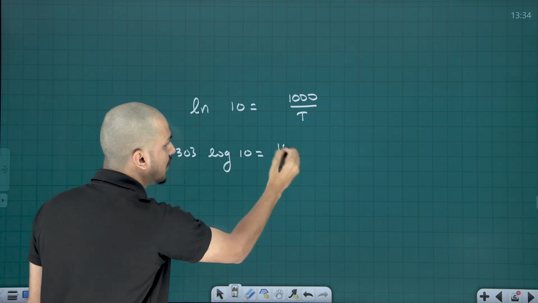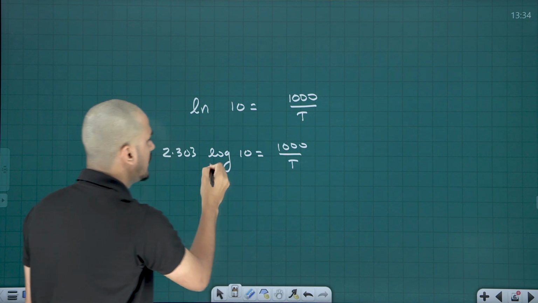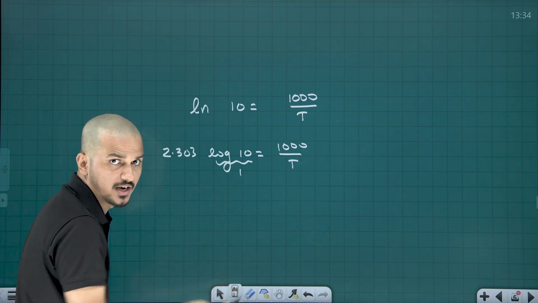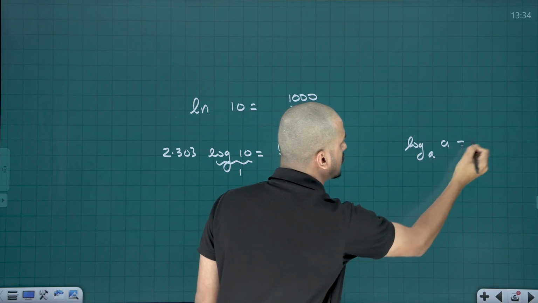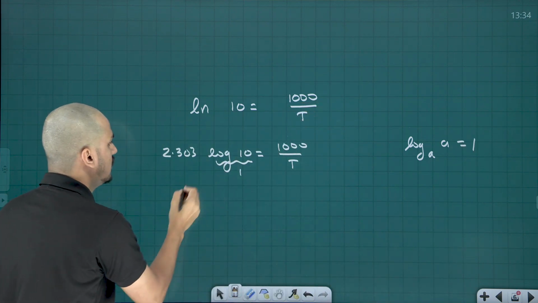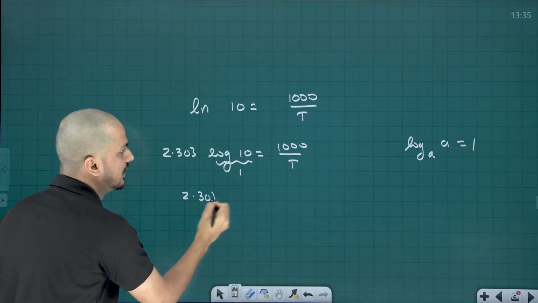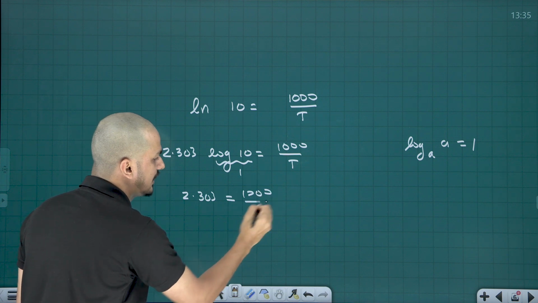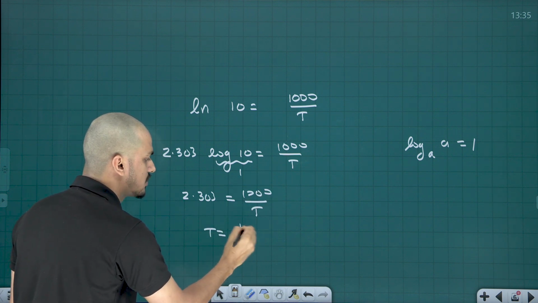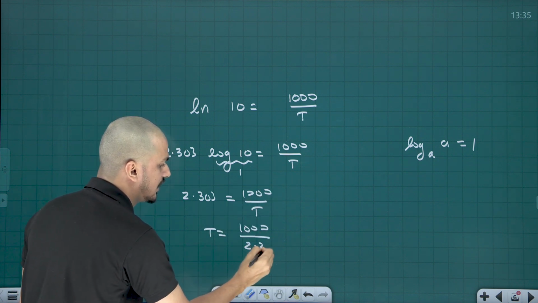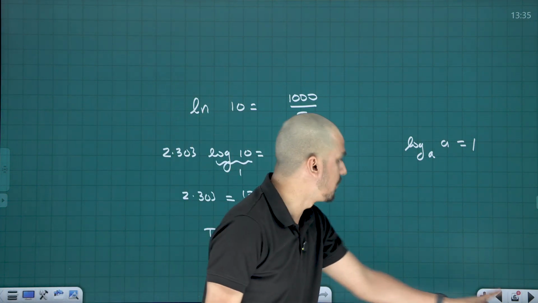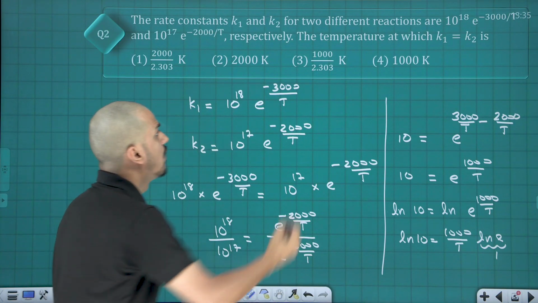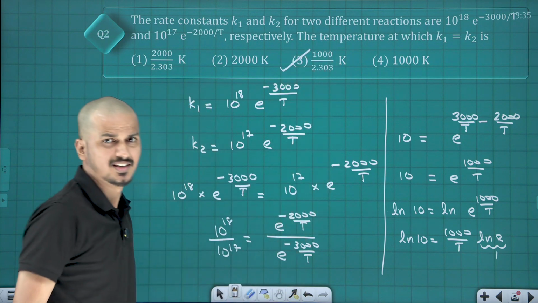So 2.303 log 10 equals 1000 by T. Log 10 is also 1, because log a to the base a equals 1. So 2.303 equals 1000 by T. So T equals 1000 divided by 2.303 Kelvin. Option 3 will come.